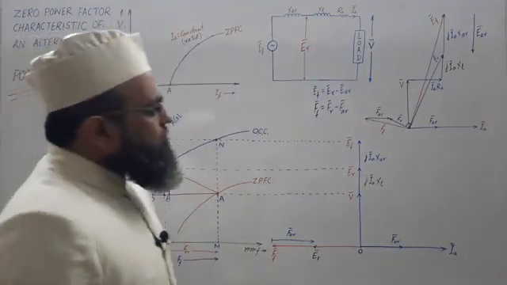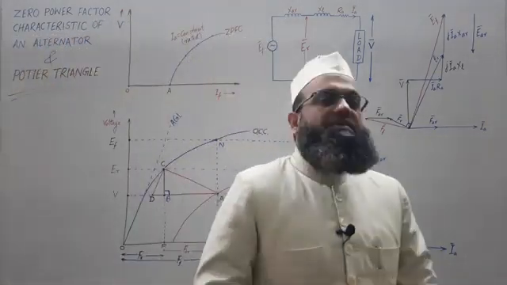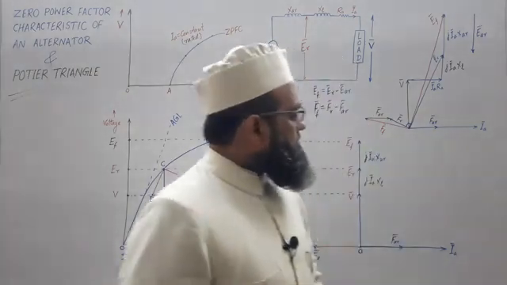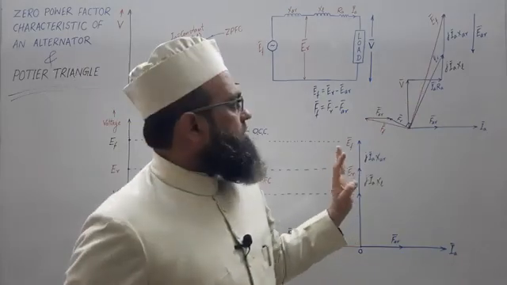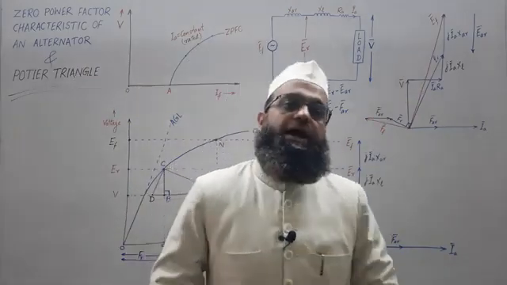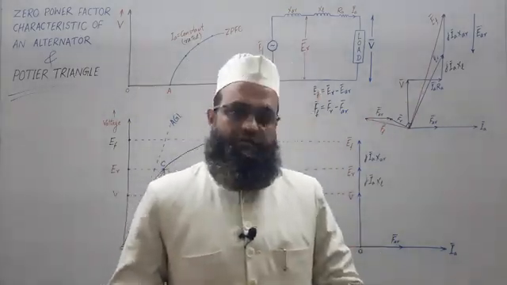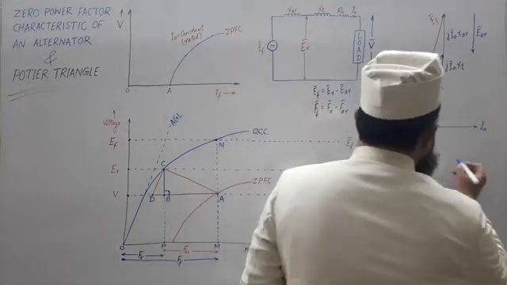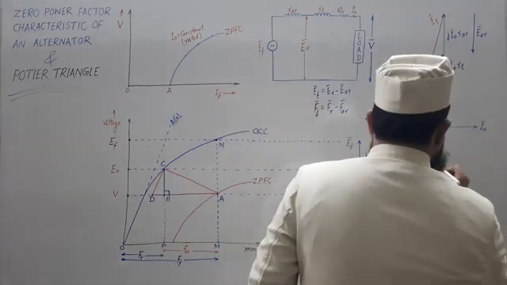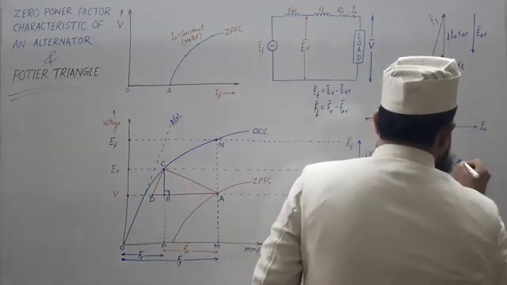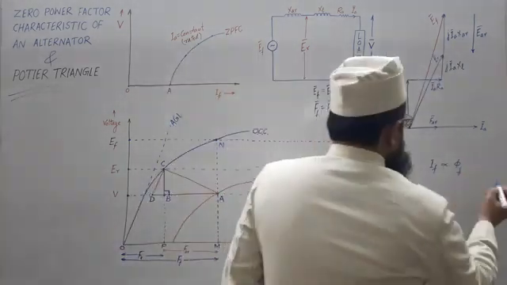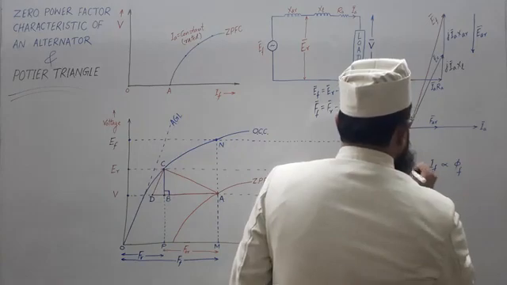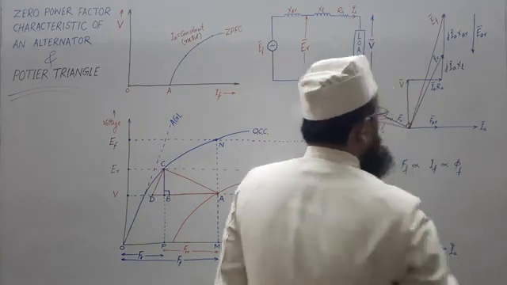Now, what happens to excitation? If you want to plot IF, then you know that IF will be in time phase with field flux phi f. IF will be proportional to phi f, and field MMF FF is proportional to IF.